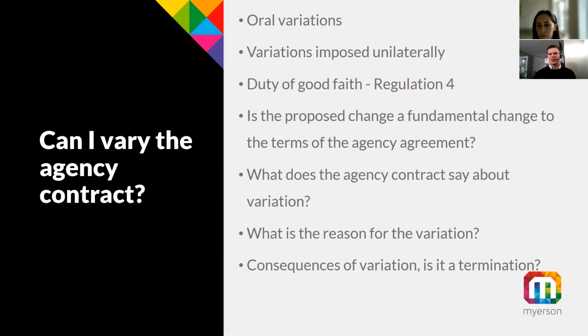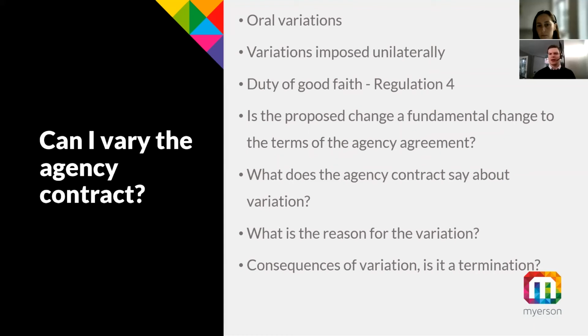So a change to the terms can be agreed orally or in writing with the agent. However, the principal should be mindful of existing written contracts, which might actually set out how terms may be varied.